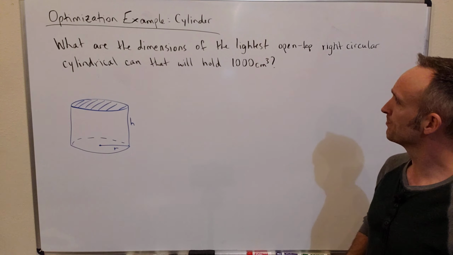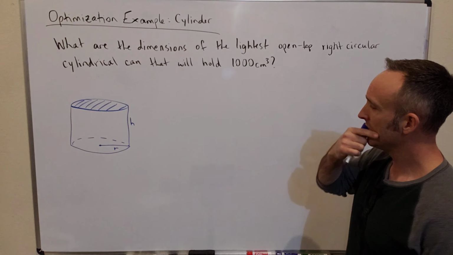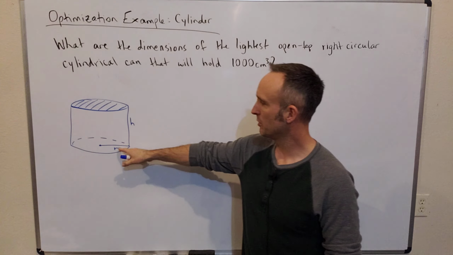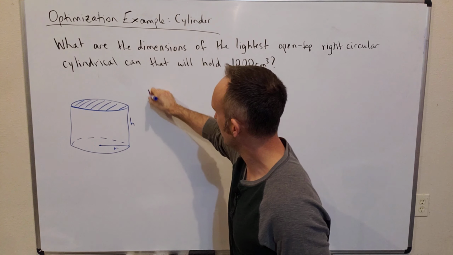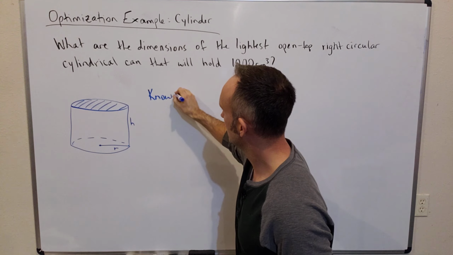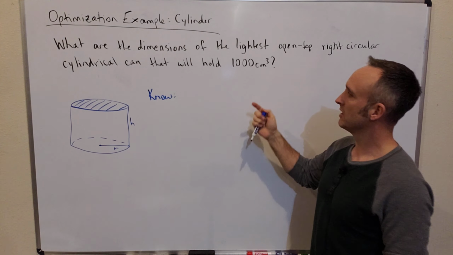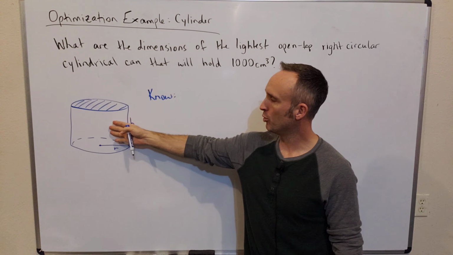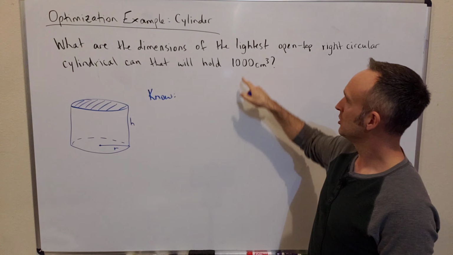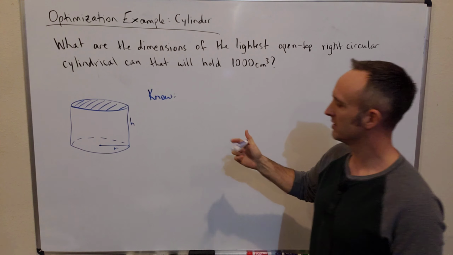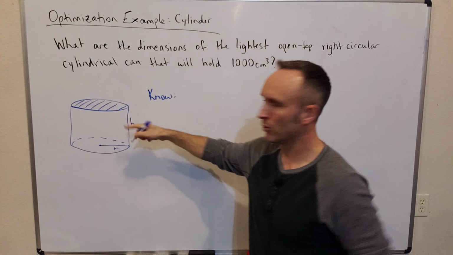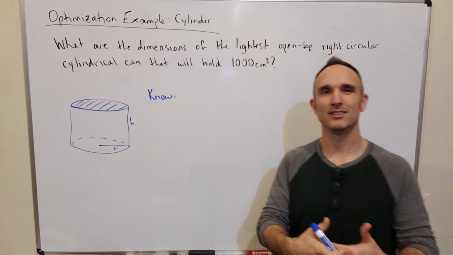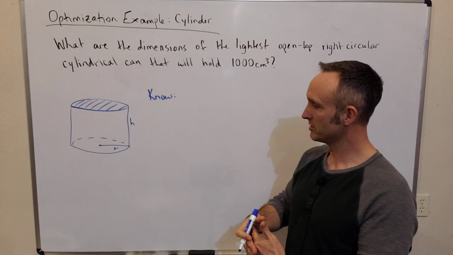We could write out in words that r is radius and h is height, but I think it's pretty obvious from our diagram. So now what we need to figure out is a relationship that we know between r and h. So what do we know? In this case, we know that the volume of this open top can should be 1,000 cubic centimeters. So the volume of a right circular cylinder is pretty simple.